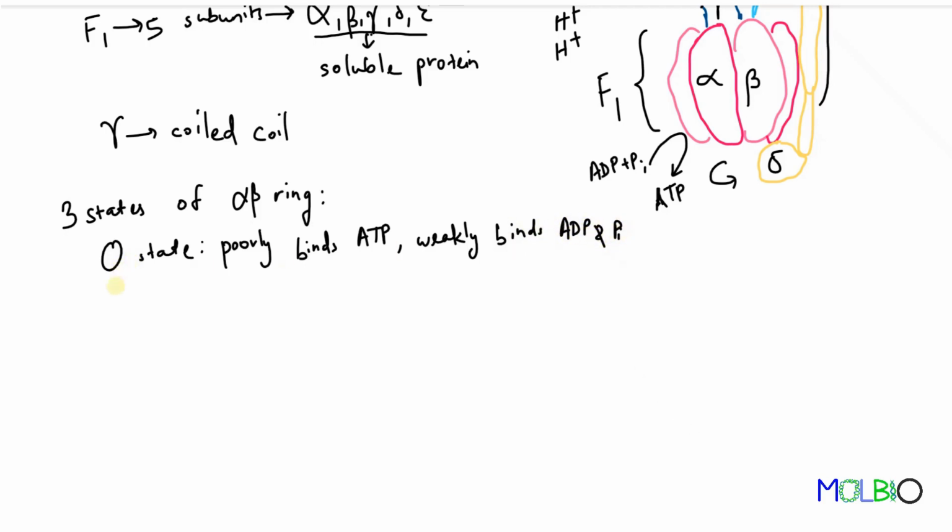Now the next state is the L state. When the ring is in the L state, it strongly binds with ADP and Pi, which means it has captured them and kept them together.